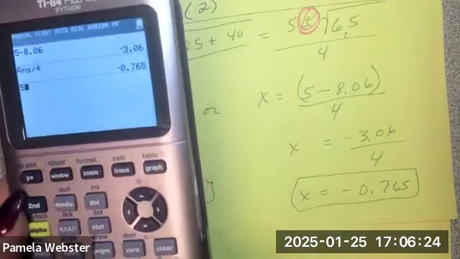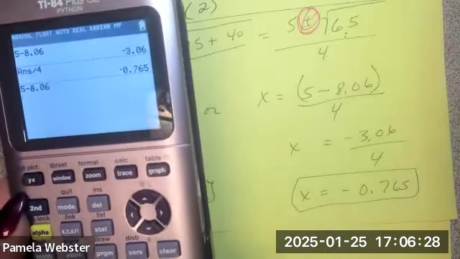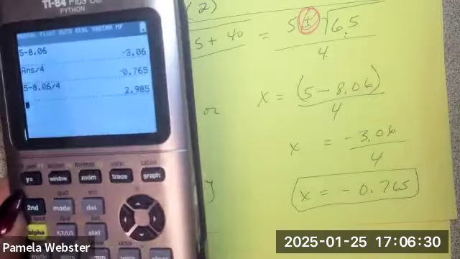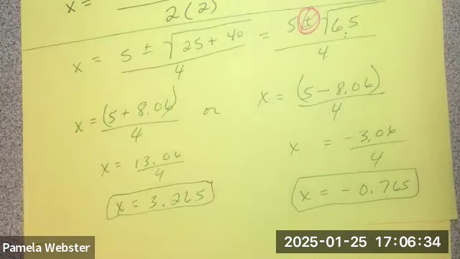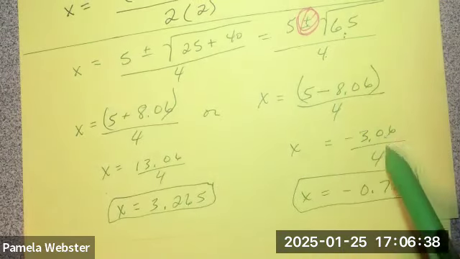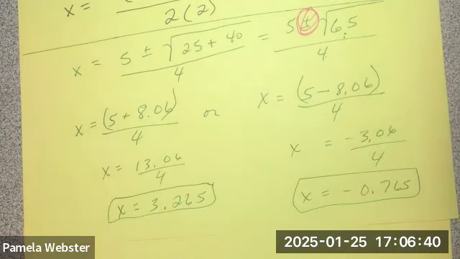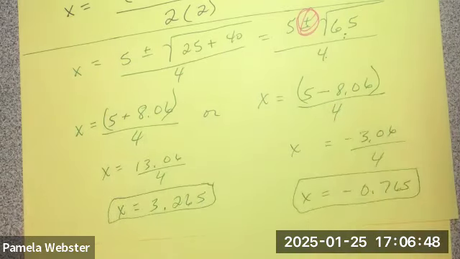Again, if you don't put the parentheses and you don't hit enter there, you're not getting the same answer. So be sure you do all the stuff on top, all the stuff on bottom, and then you divide at the end. It's like grouping symbols where the top is all grouped together and the bottom is all grouped together. That's what this fraction bar does for me here.